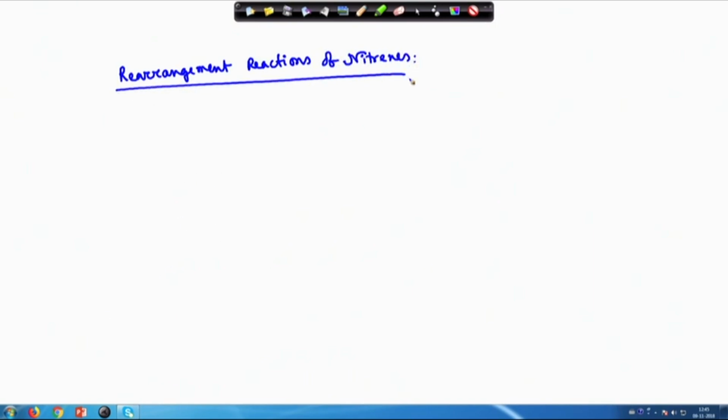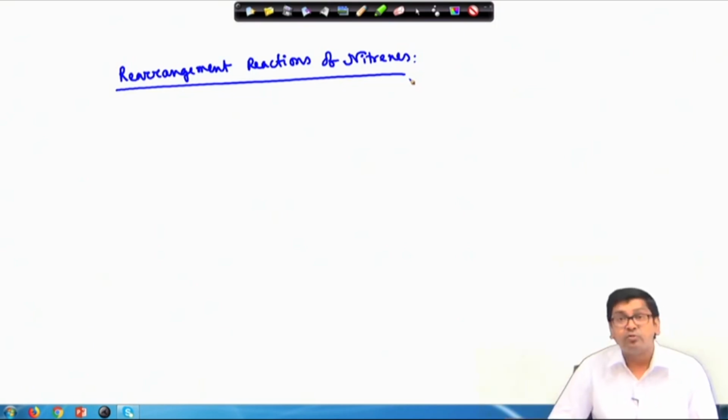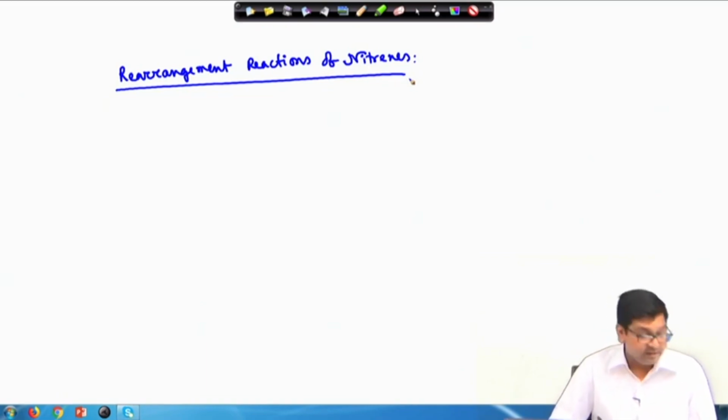So, now we have seen that in the case of carbenes, there are certain rearrangements that happen with the carbene species. One of them that is very important is called the Wolff rearrangement. It has also been found for nitrenes that similar types of rearrangements are possible with nitrene species also, and in all these rearrangements the migration occurs to the electron deficient nitrogen center.